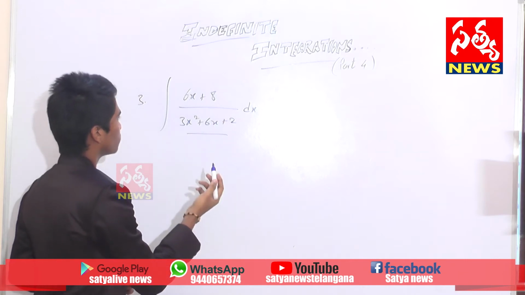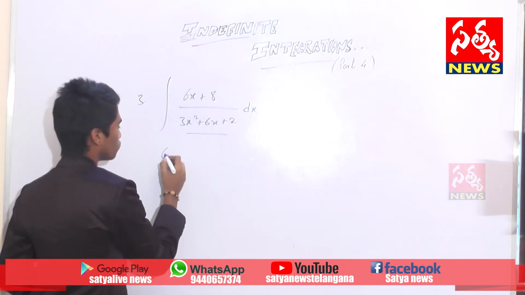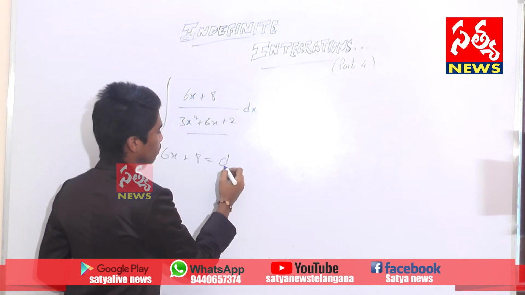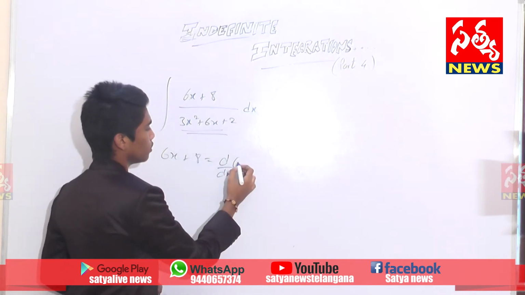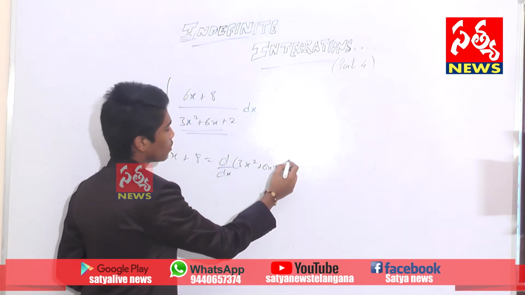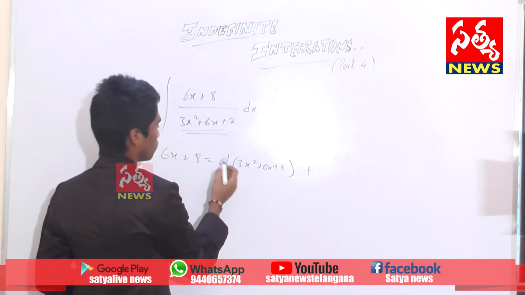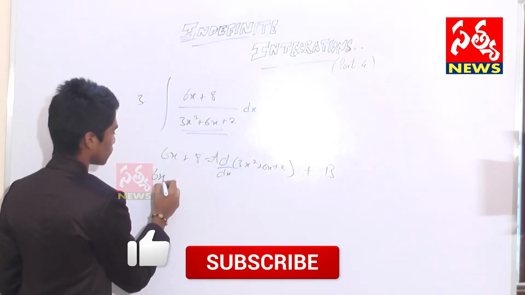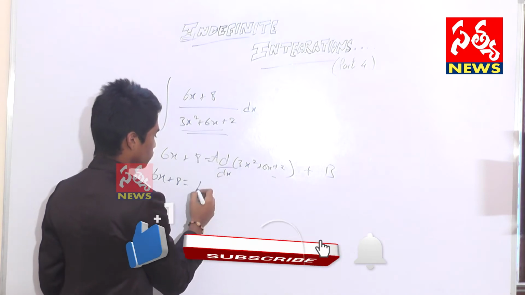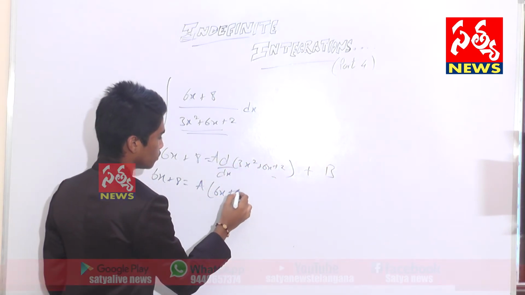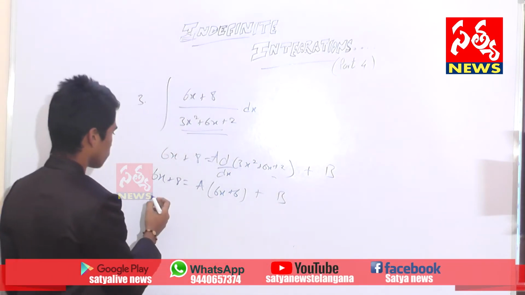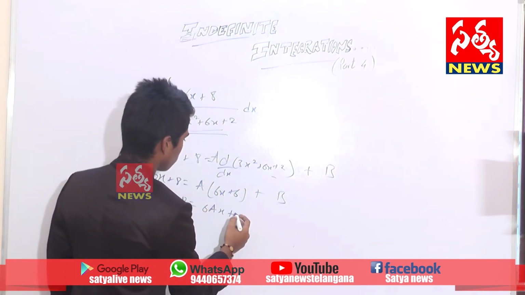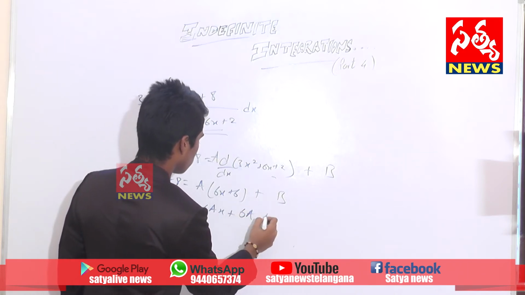Okay. What we do in partial fractions, the numerator should be taken as a times the differentiation of the denominator, that is 3x square plus 6x plus 2, plus some constant b. 6x plus 8 equals a times, what is the differentiation of this? 6x plus 6, plus b. 6x plus 8 equals 6ax plus 6a plus b.